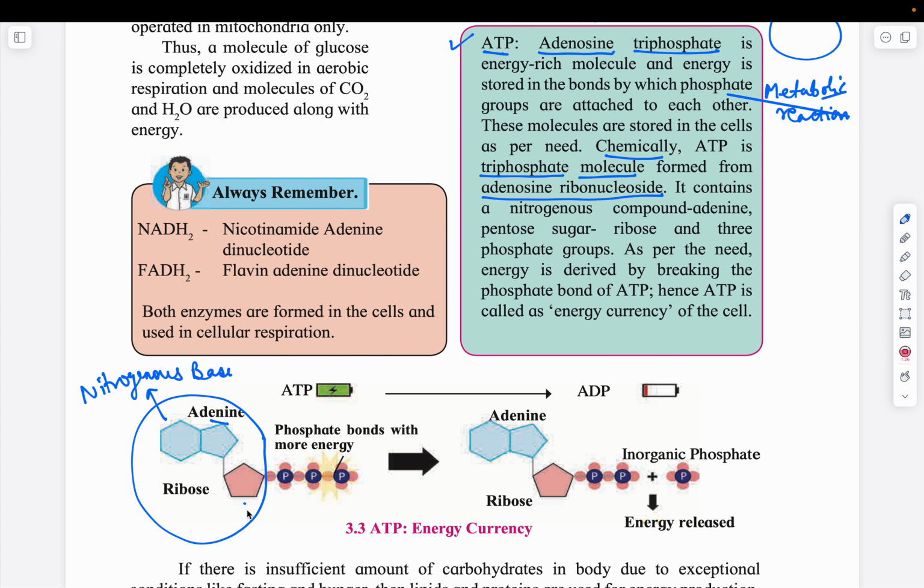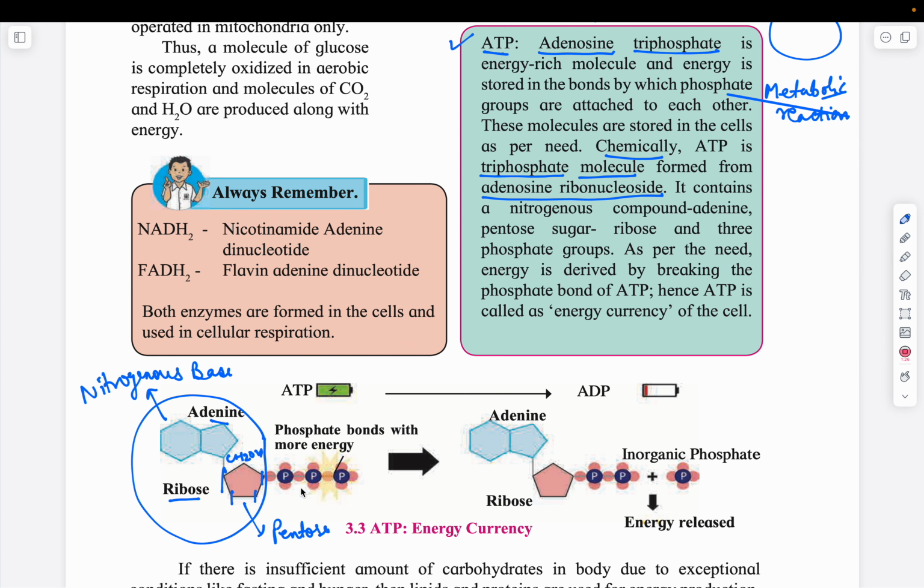And the second component is a sugar molecule, a 5 carbon containing sugar molecule, which is known as ribose. So it is a pentose sugar. It has 5 carbons: 1, 2, 3, 4, and the fifth one is at this end. It is bound to the adenine here. Fine. So this is adenosine ribonucleoside.